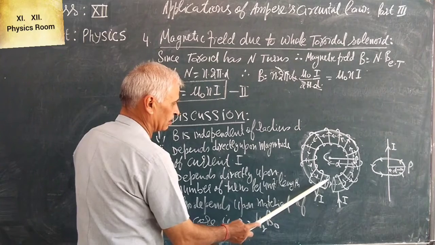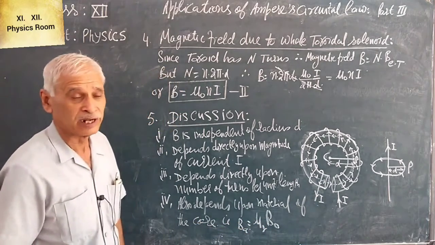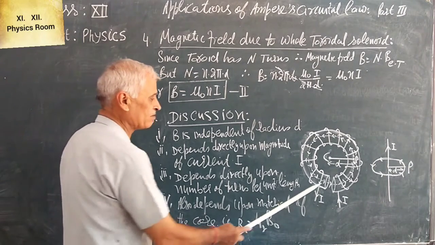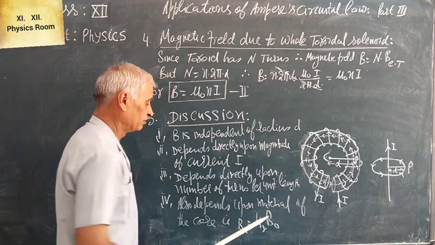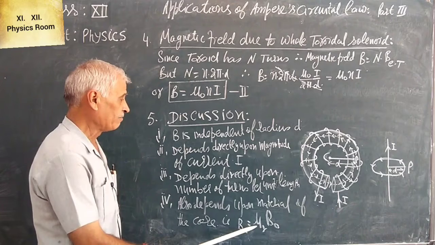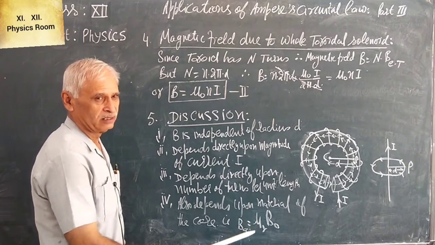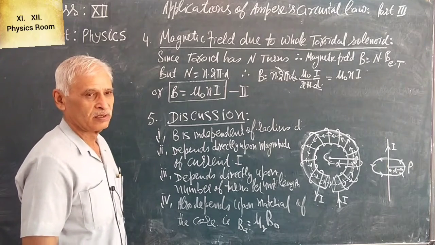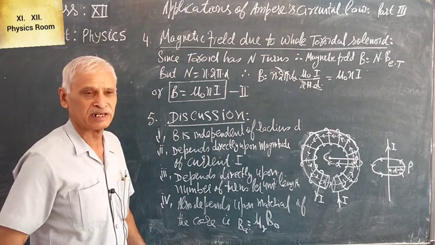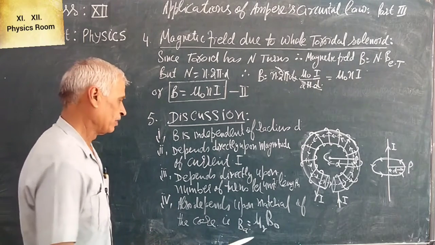If we insert some core of iron, of silicon iron, or ferrites, or simple iron, then the field would be multiplied by the relative permeability of the material of the core. And we have to remember some data. Mu r for iron is 5000, for silicon iron is 7000, and for ferrite it is very high.